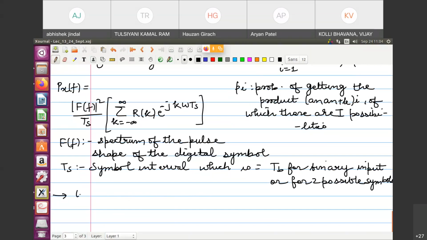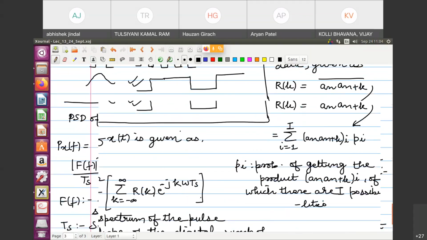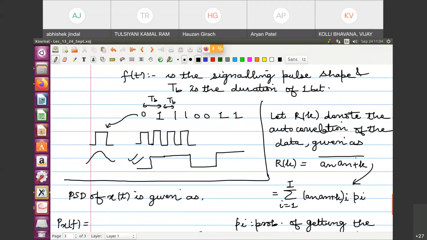So the quantity in the bracket is the DTFT, if you remember, DTFT of the autocorrelation function. And if you remember, this is basically the power spectral density of the input random process.